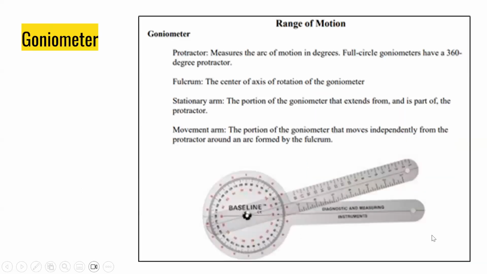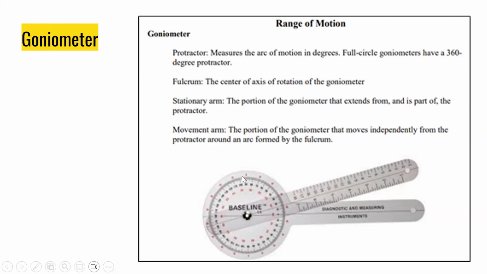Okay, so this is the goniometer. You have the fulcrum or axis of rotation, that is the center piece right here. You have the stationary arm, that's the portion of the goniometer that extends from and is part of the protractor. The protractor measures the range of motion in degrees.